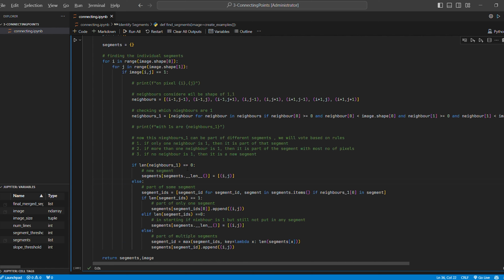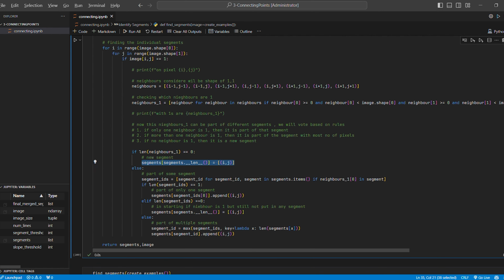If the number of segments is 0, then we are starting out, so I am taking the segments length and putting it. Then if a 1 is there in the neighbor and it might be in some segment, for that I am just asking for all the segments, checking which segment it's present in, and appending to it.